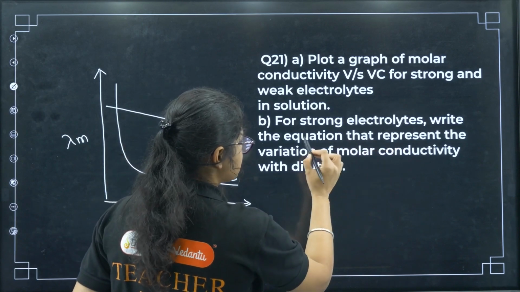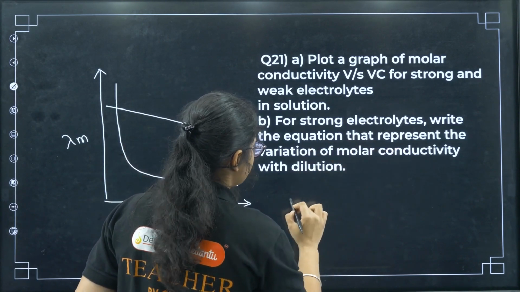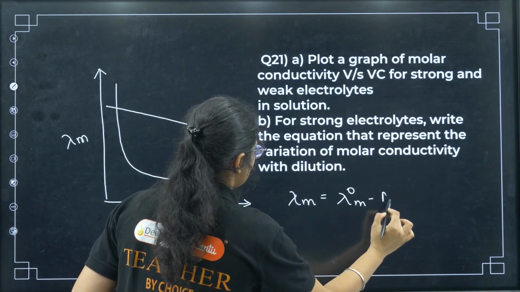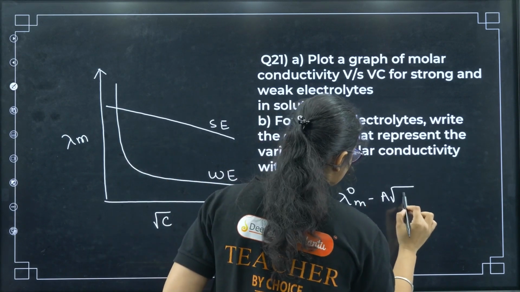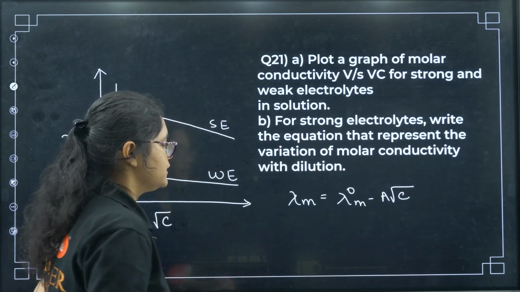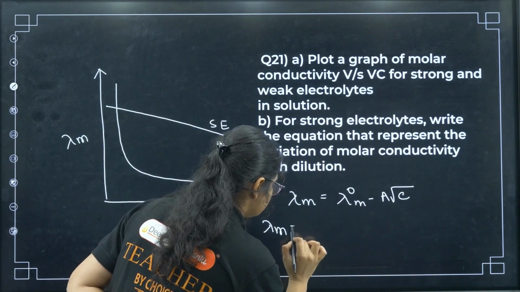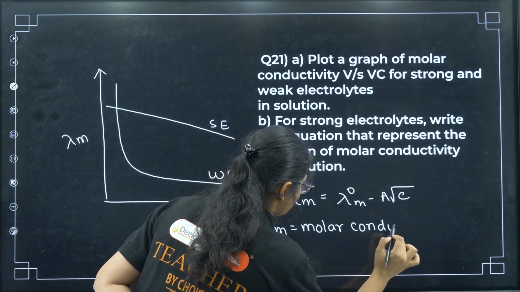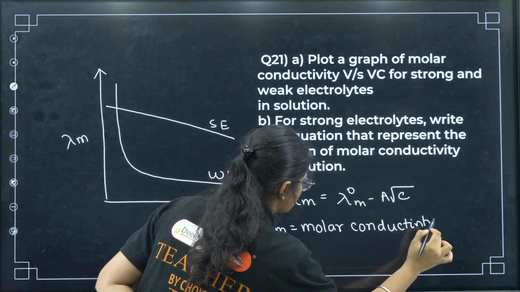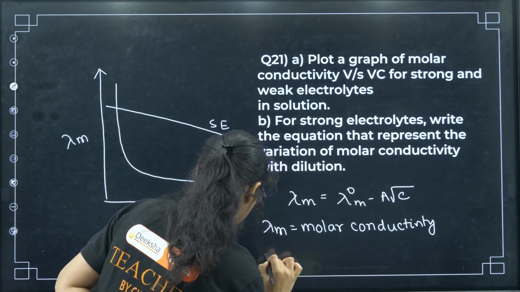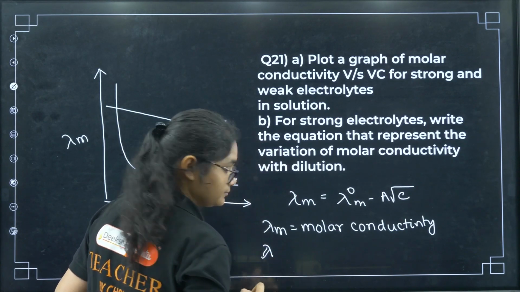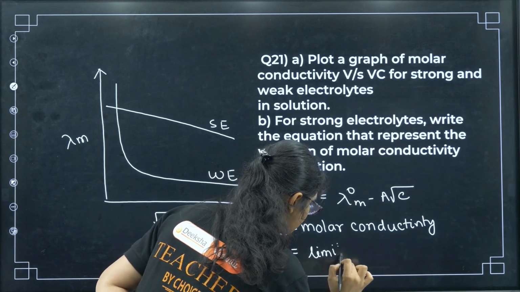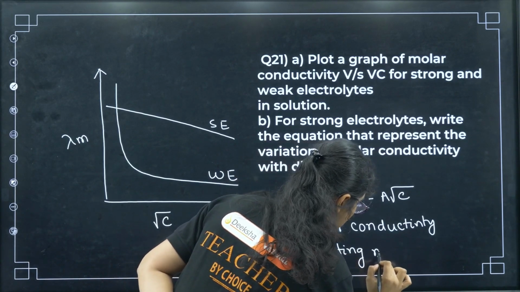For strong electrolytes, write the equation that represents the variation of molar conductivity with dilution. So it is your Debye-Hückel-Onsager equation. I have written these values here. Lambda m is molar conductivity. Lambda naught m is your limiting molar conductivity.